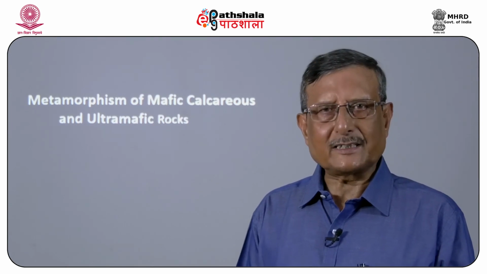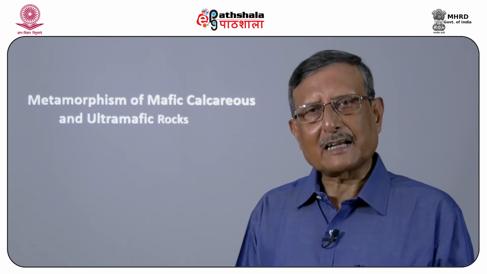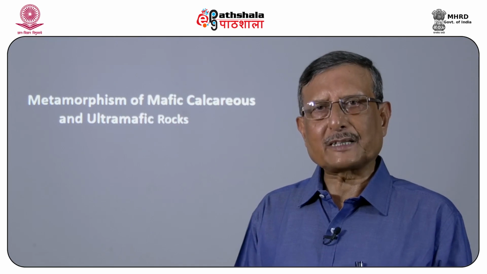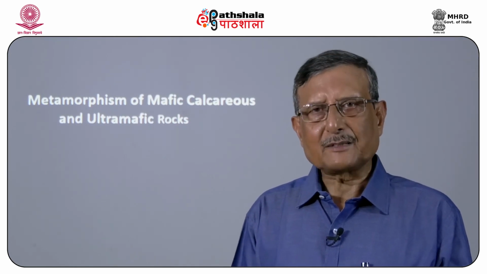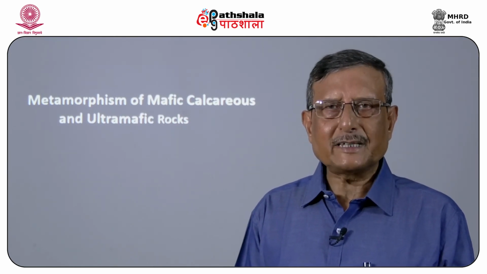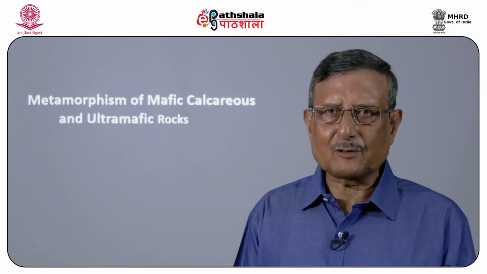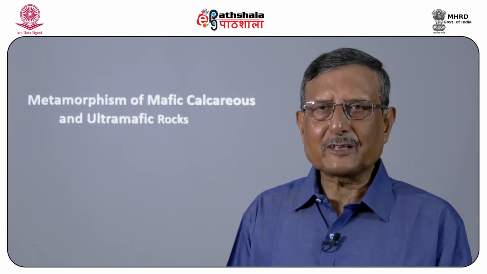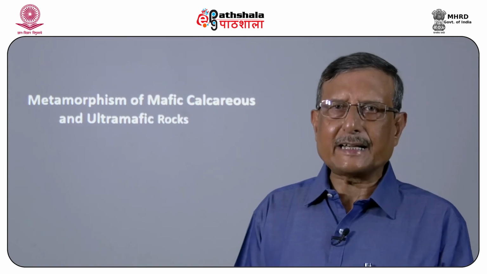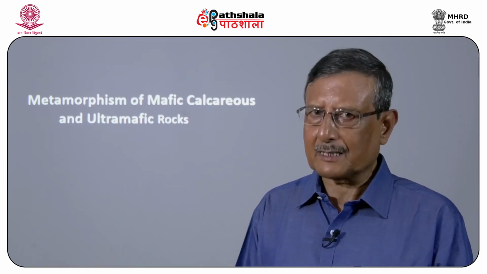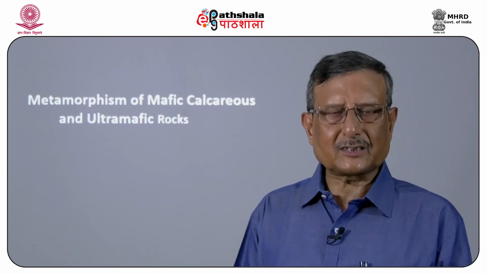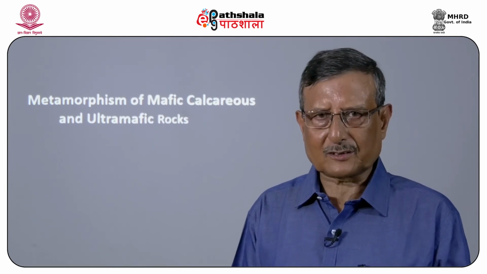Anthophyllite breaks down to enstatite, and then clinopyroxene appears through breakdown of other calcium, magnesium bearing minerals. So, in the final stage in the granulite facies, ultramafic rocks will contain once again two pyroxene bearing assemblages. That is the characteristics of ultramafic rocks.